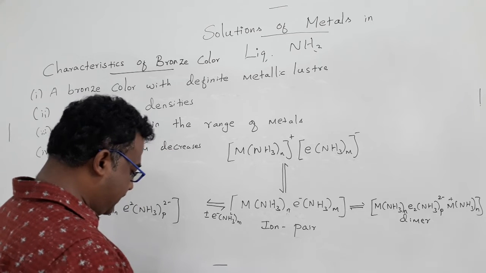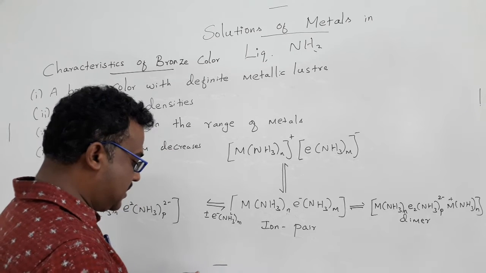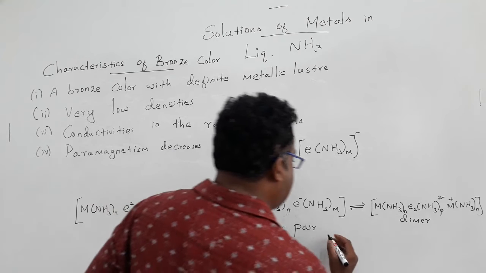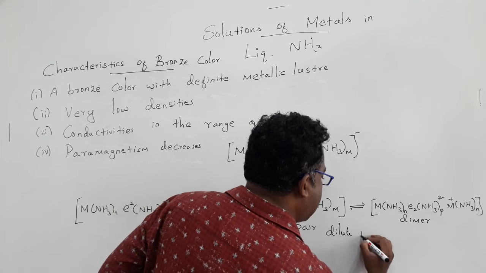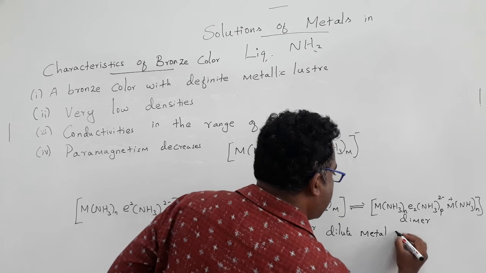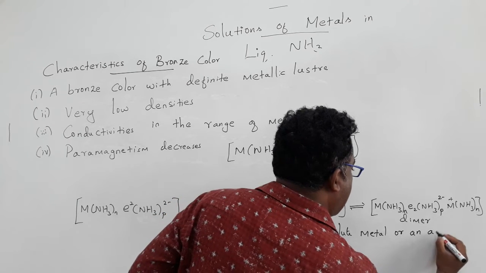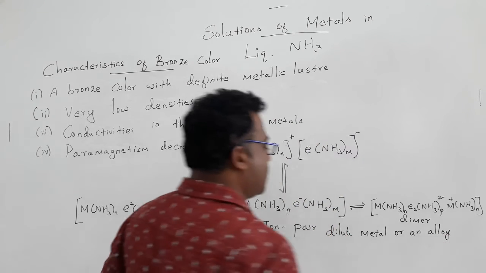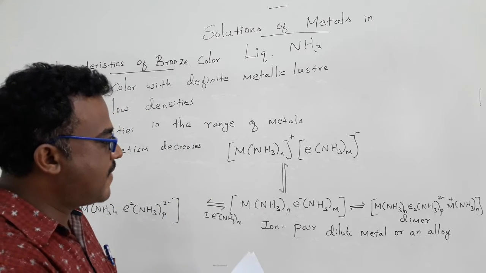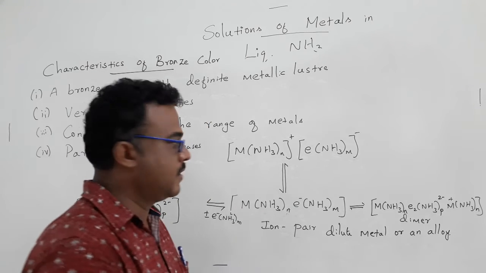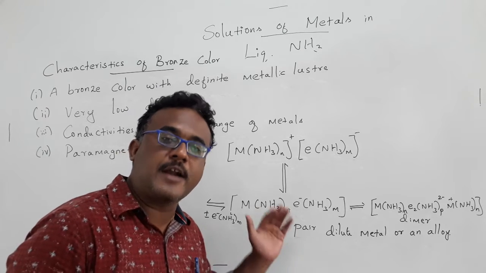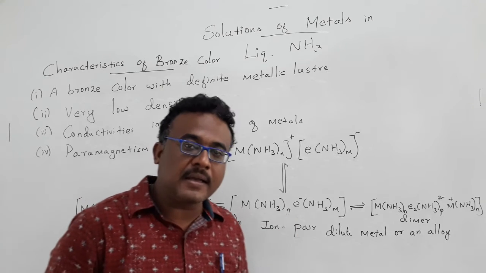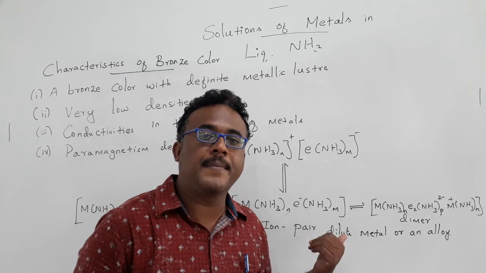This will be called a dilute metal or an alloy. Then, if I evaporate the ammonia, what will happen? Once you have a bronze color solution and you evaporate the ammonia, you will get back the appropriate metals.